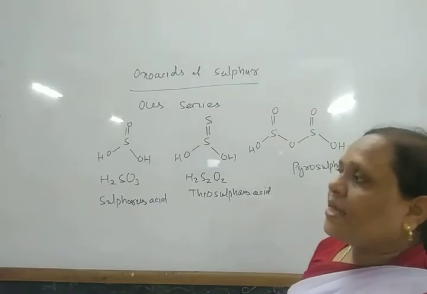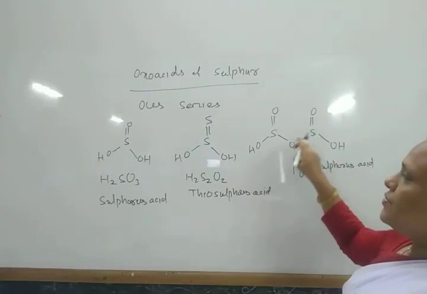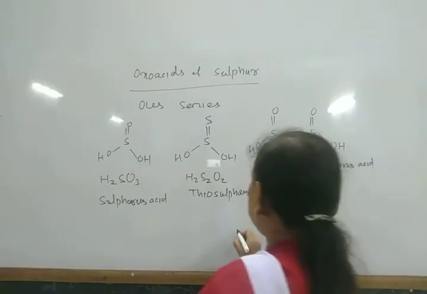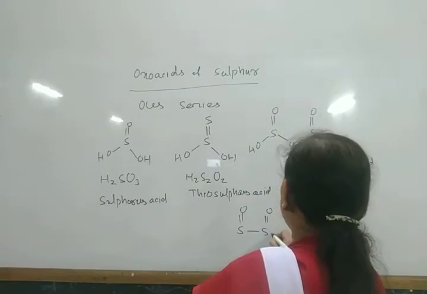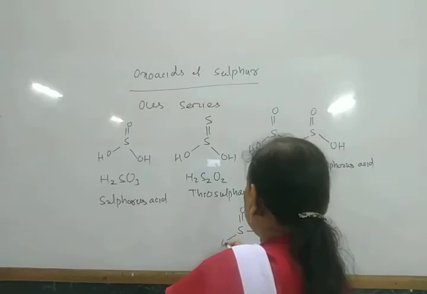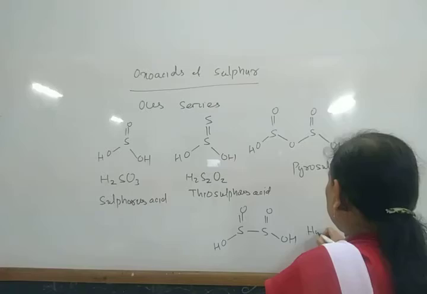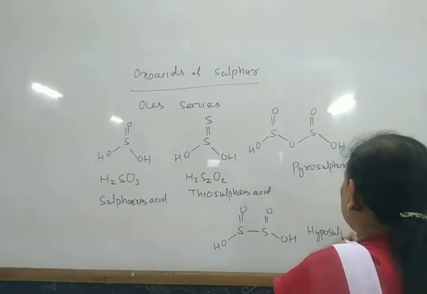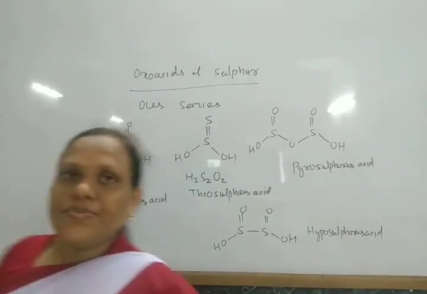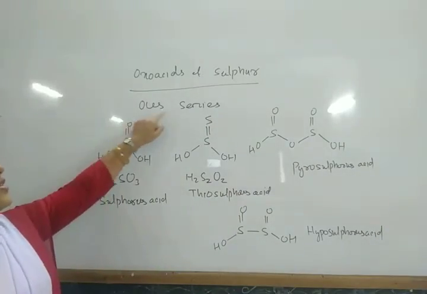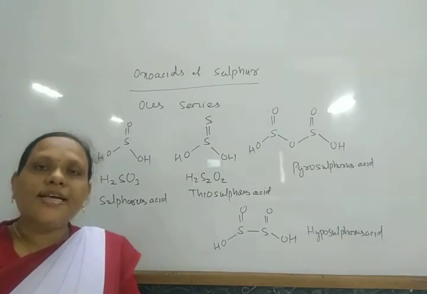And another acid is hyposulfurous acid. In hyposulfurous acid, this oxygen is removed from here. In this way, S double bond O, S double bond O, OH, OH. This is known as hyposulfurous acid. So the OS series forms 4 types of oxo acids.